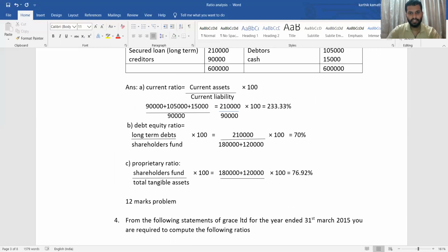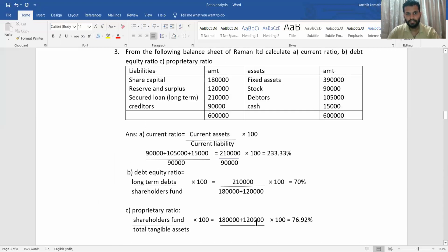Total tangible asset will be 3 lakh divided by 6 lakh into 100. So 3 lakh by 6 lakh, what is the percentage? Once you see the percentage here, 3 lakh divided by 6 lakh, it is 50%, yes, it is 50%.